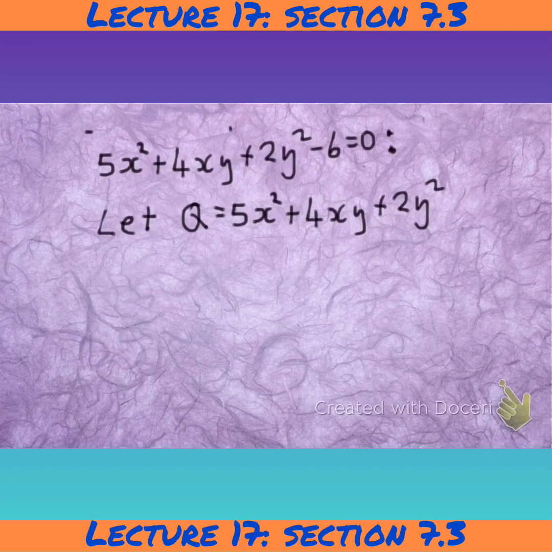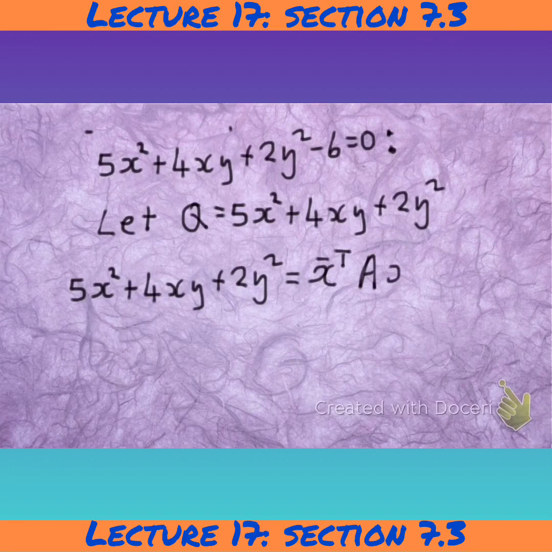Okay, so first of all, we know how to write this in matrix notation. So what we're going to do is write that in this form here, and we already know how to do that.